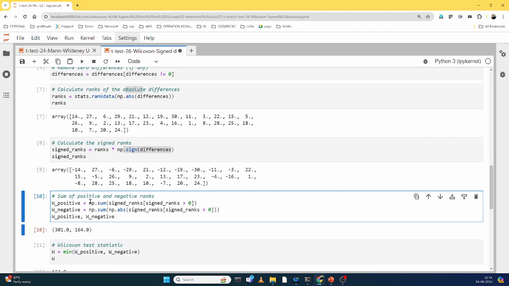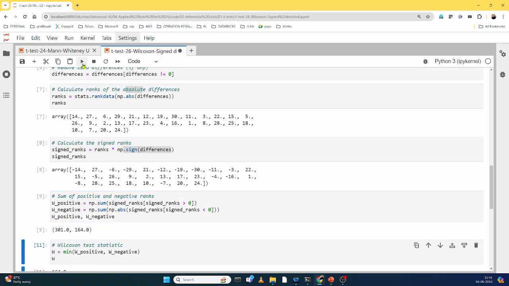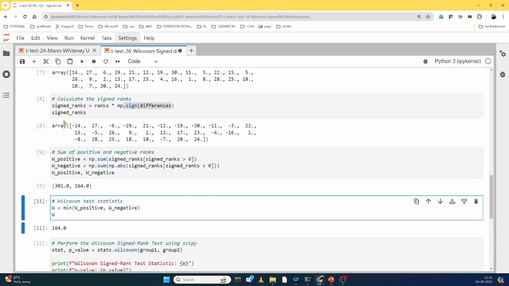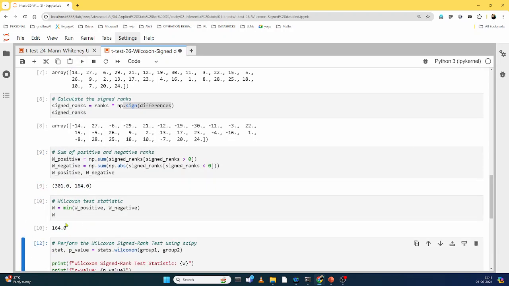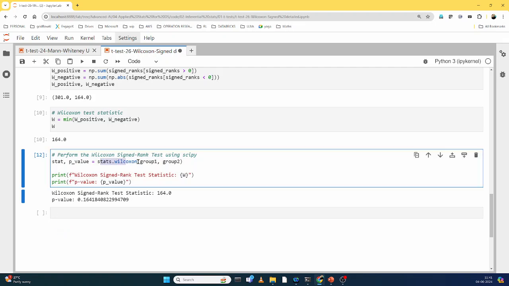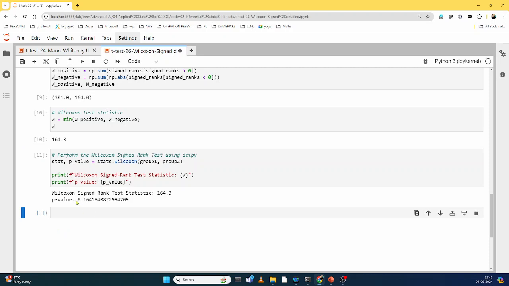After that, we sum the positive and negative ranks. The sums here are 301 and 164. So the statistic is going to be 164, and you can verify using SciPy that we get the same value, 164, as the test statistic.